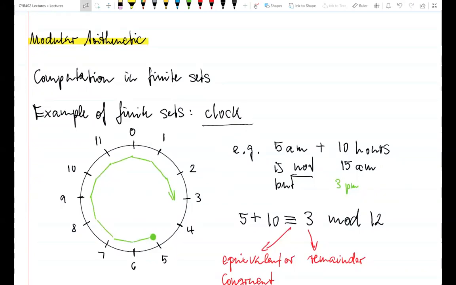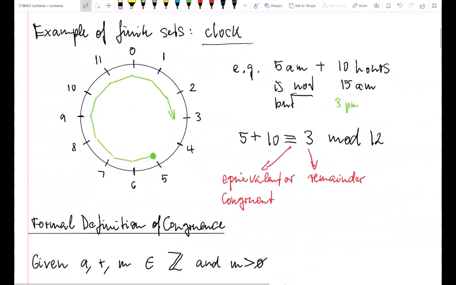A very prominent, well-known example of a finite set is the clock that we are all used to. Let's say I tell you at 5 o'clock in the morning that we are going to meet in 10 hours. Normally in English-speaking countries, at least here in the US, you would not say that we are going to meet at 15 o'clock.